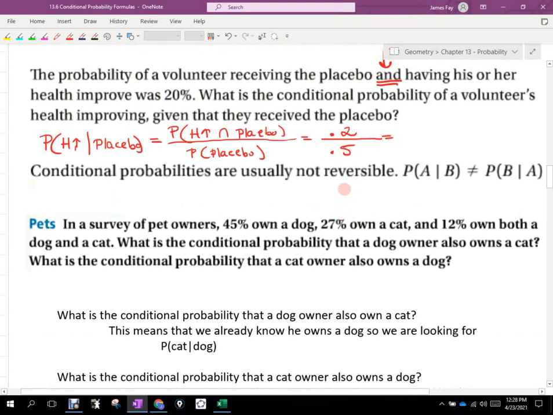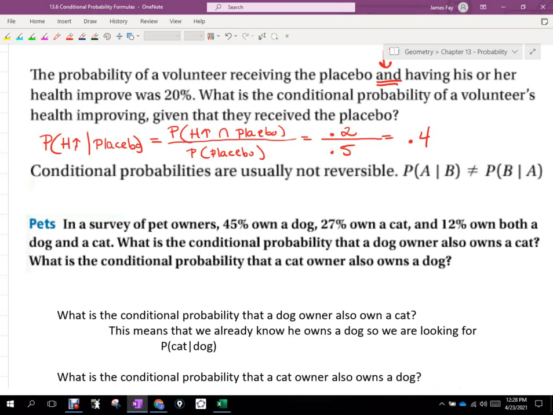So 0.2 divided by 0.5 ends up being 0.4. Okay, so a 40% probability that health increased given that they received a placebo.